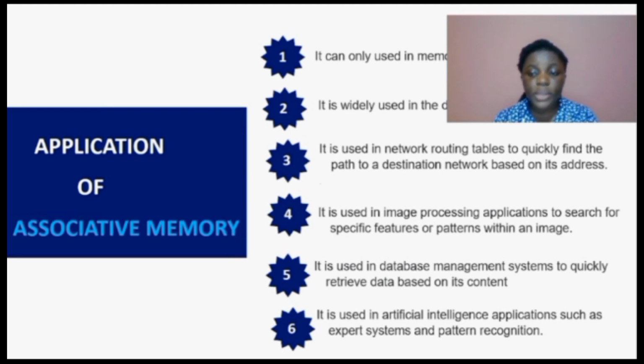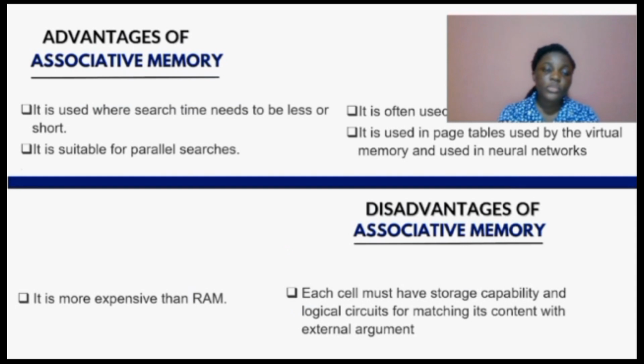It is used in image processing applications to search for specific features or patterns within an image. 5. It is used in database management systems to quickly retrieve data based on its content. 6. It is used in artificial intelligence applications such as expert systems and pattern recognition.